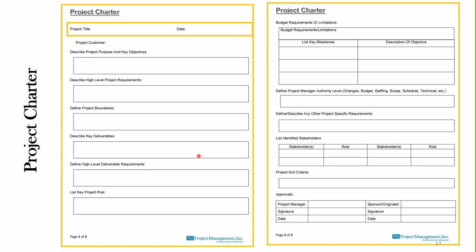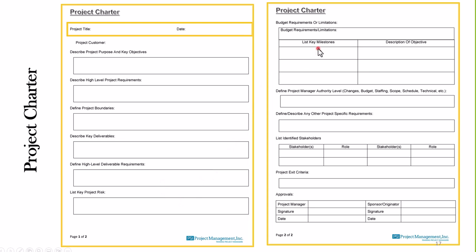This project charter, we're again describing the purpose and key objectives of the project, high-level project requirements, what are the project boundaries, limitations on that, right? We don't want a project that's going to build a whole community if we're only building one building, right? Describe the key deliverables, high-level requirements, perhaps some project risk.